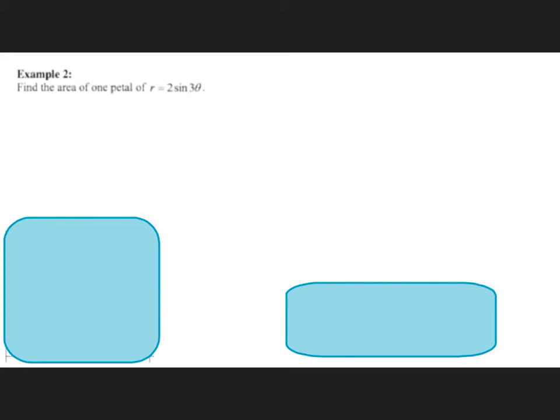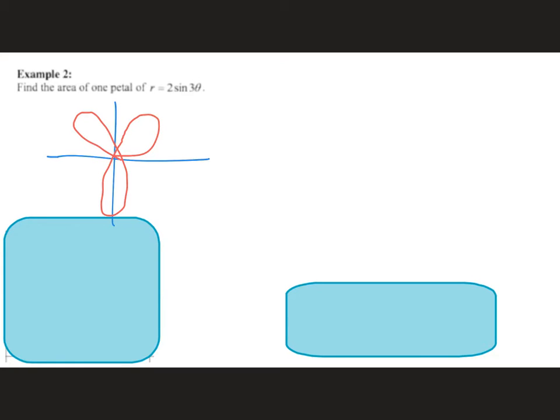All right, for the next one, find the area of one petal. So what that means, if we look at the graph, it's going to look something like this, and this, and this. If you do it on a calculator, it'll draw it slowly, so that might be helpful. You can see what's going on.